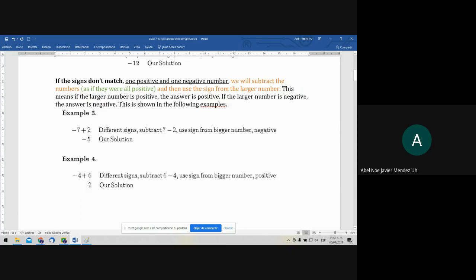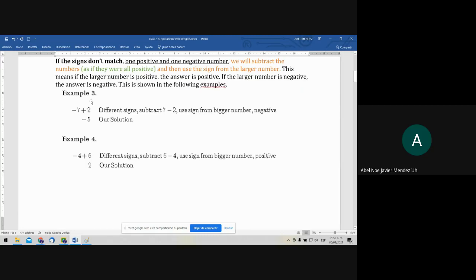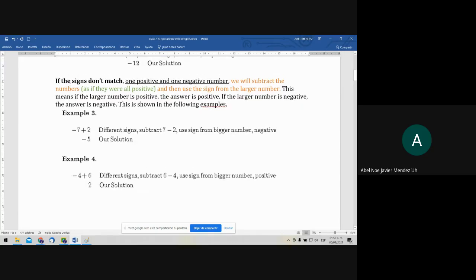If the larger number is negative, the answer is negative. This is shown in the following examples. This is case number 2. Example number 3, the second case, if the signs don't match.